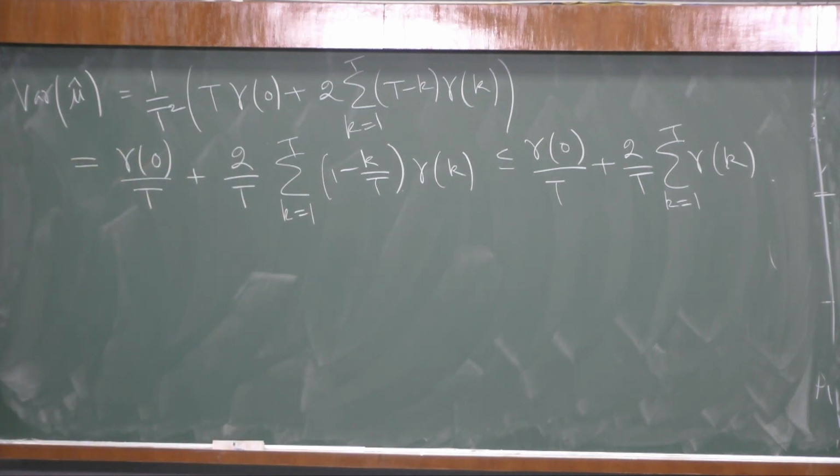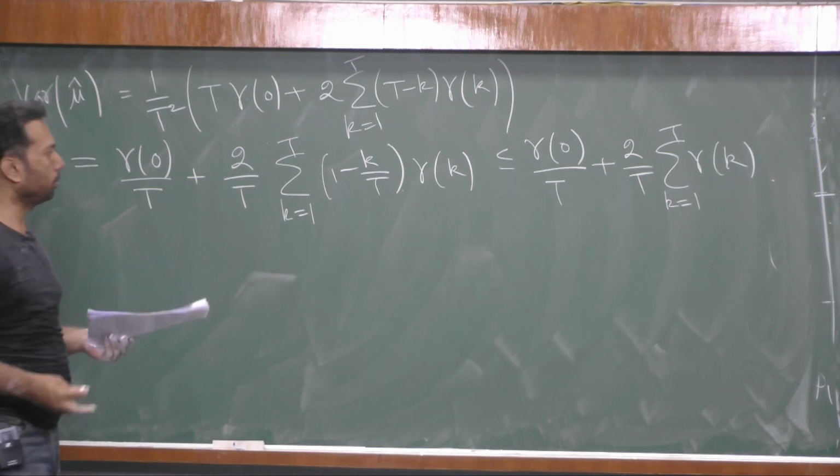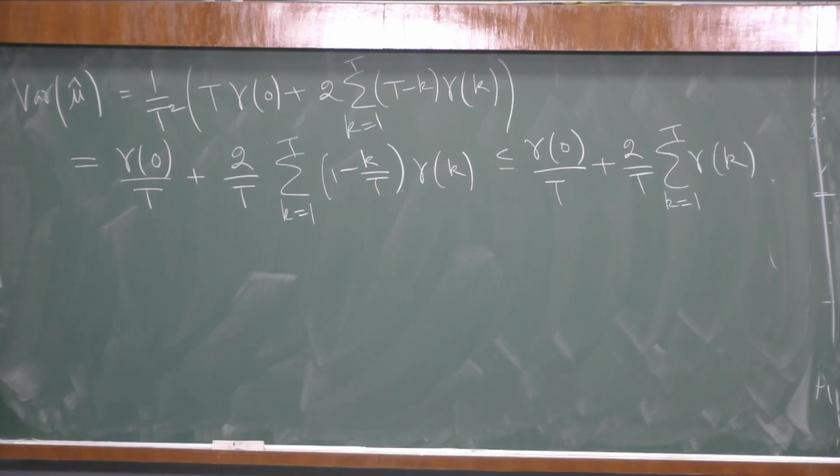Earlier we said that if we had IID, then mu hat, the sample mean, is an unbiased estimator of the true mean, meaning that as T tends to infinity it goes to the true mean. But in our case x_i may not be IID, so we had this generalization where we looked at wide sense stationary sequences and at the variance.